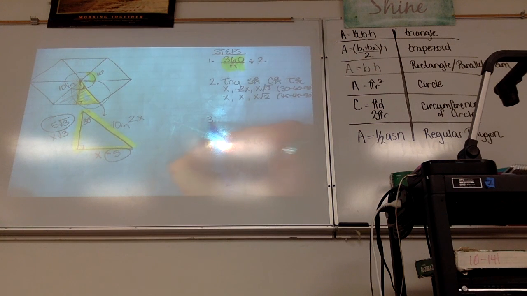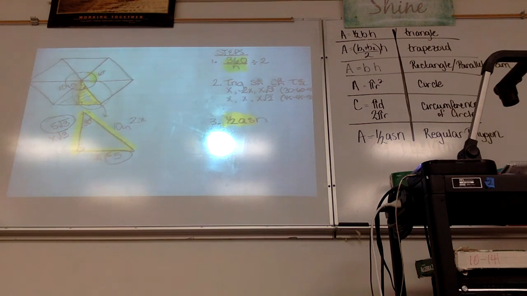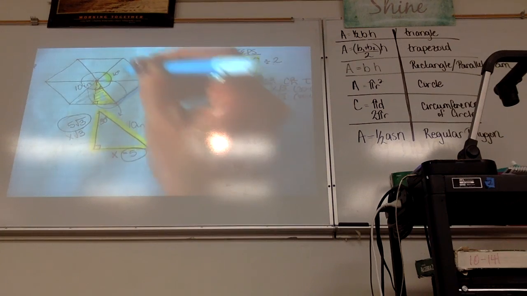So step 3 is just to actually apply the formula. 1/2 a s n. All right. 1/2 a s is the area of the triangle, and then n is the number of sides. So n is correlated to the number of triangles there are.